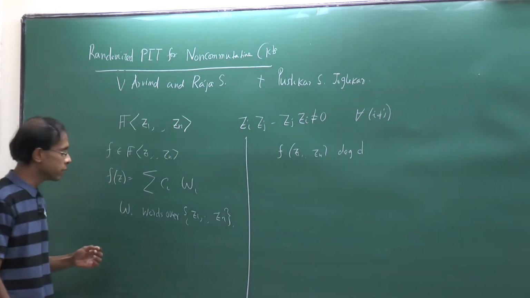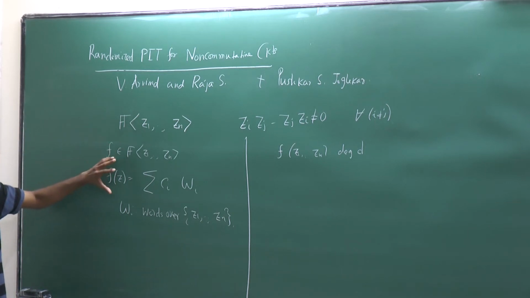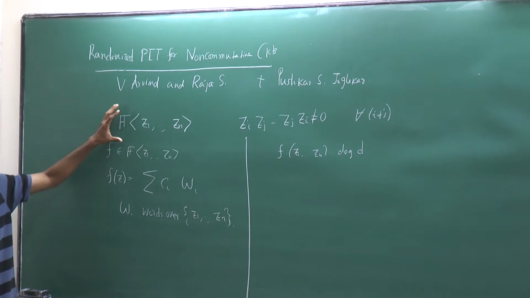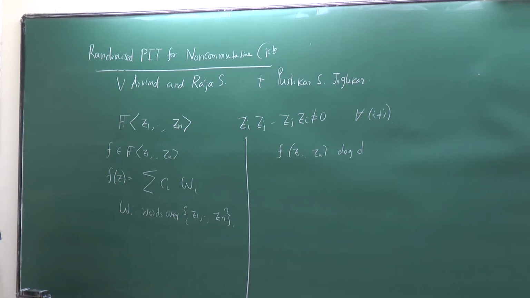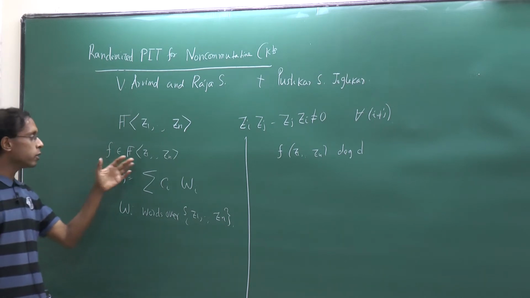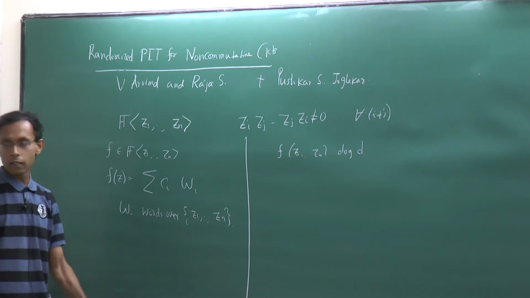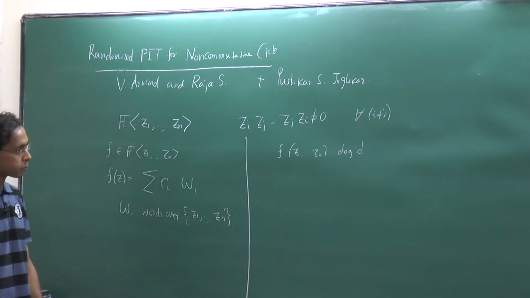One thing I must mention is that if you want to evaluate this polynomial, it is not very useful to evaluate it over fields, because then you don't exploit this non-commutative structure. It just becomes a commutative computation. So to get anything meaningful about this polynomial, you must evaluate it over matrices, which could give you some meaningful information.